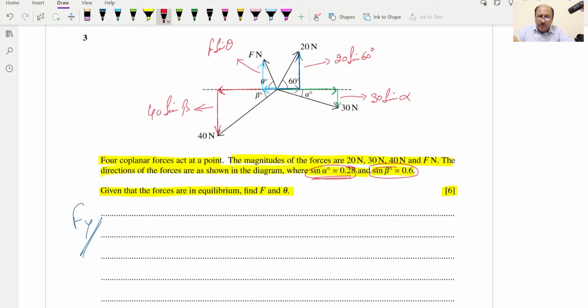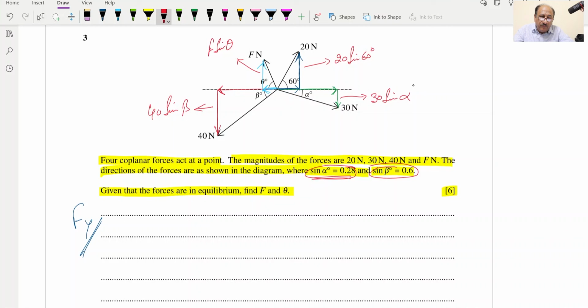So rightward forces are these two, and we can write first the forces in the right direction, and then the left direction also. Basically not right and left, up and down, sorry, because we are resolving in the y direction.